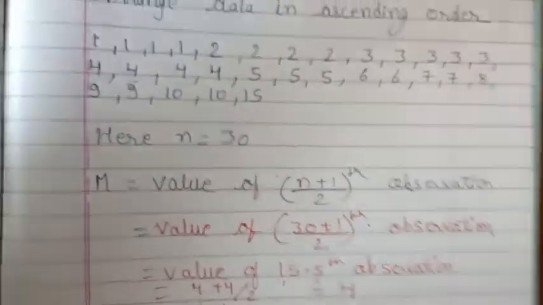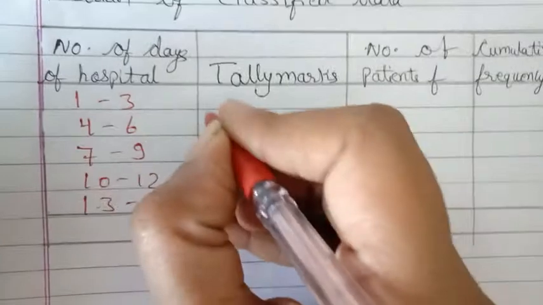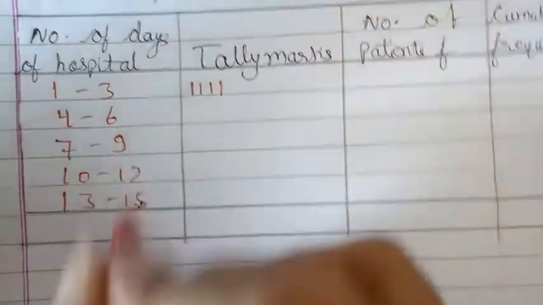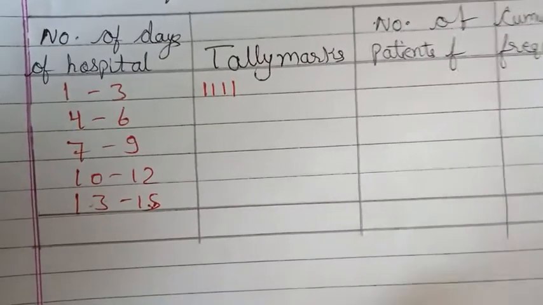Now we have to put tally marks, that everybody knows how to put, right? See, 1 is there 4 times, so that will come in the first class: 1, 2, 3 and 4. In the same way for all the numbers we have to put tally marks.